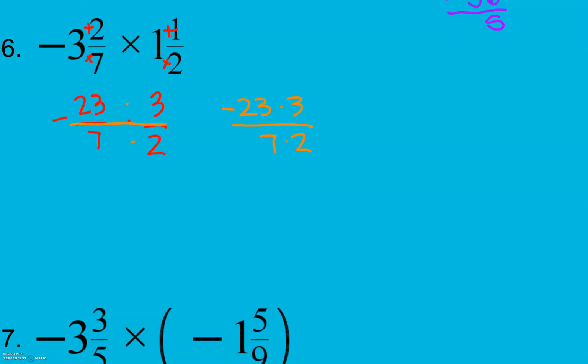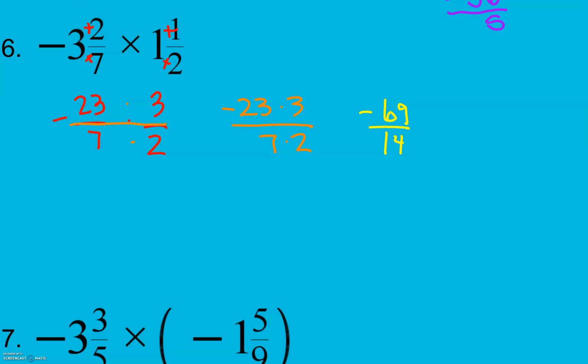If we look here, all of these are prime numbers, and I don't have them double up anywhere. So my numerator and denominator are relatively prime. I can't reduce it any further. So I go ahead and multiply, which gives me negative 69 over 14.